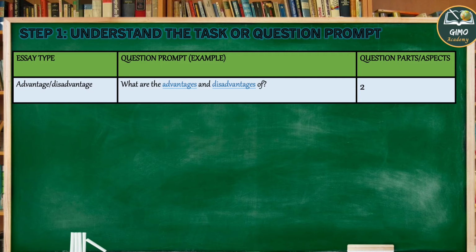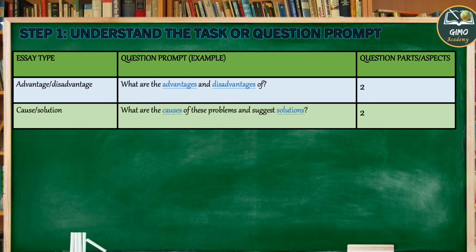And this kind of question has 2 main aspects. Number 1, you have to mention the advantages, as you can see, highlighted in blue. And the second part, you have to talk about the disadvantages. Also, we have highlighted in blue.